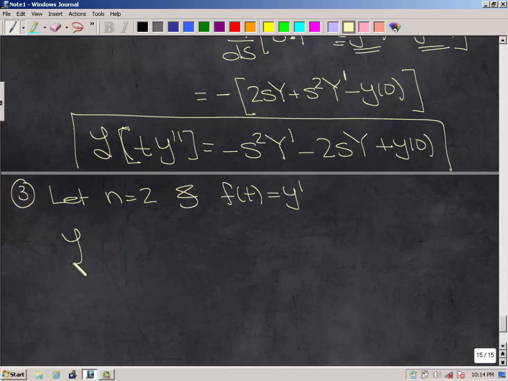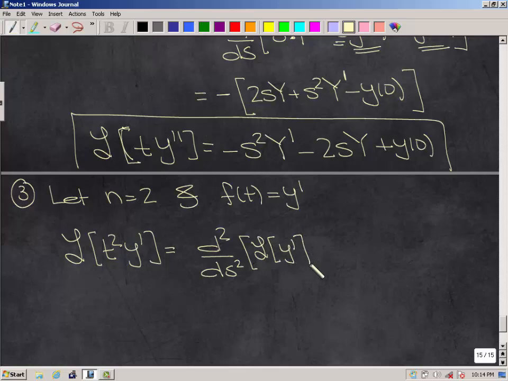So what do we get? We get the Laplace of t squared y prime is going to be negative 1 squared, which will just become 1. And then we get d squared over ds squared of big F. Big F is just going to be the Laplace of y prime.